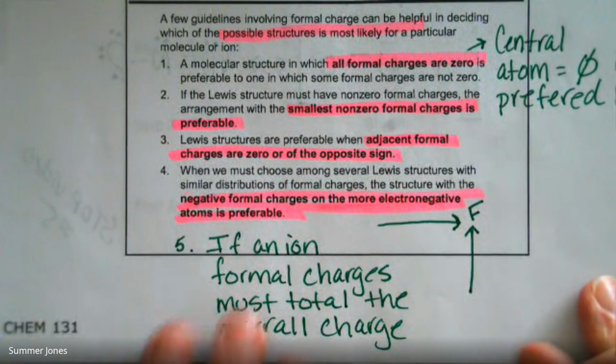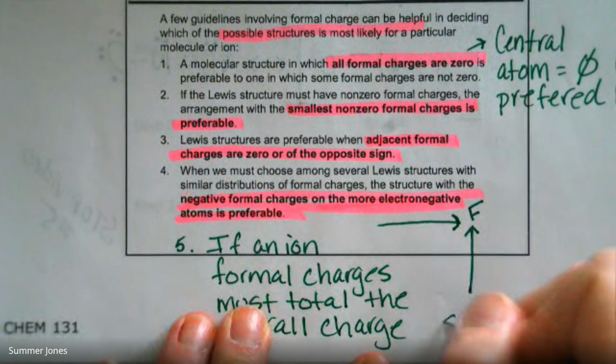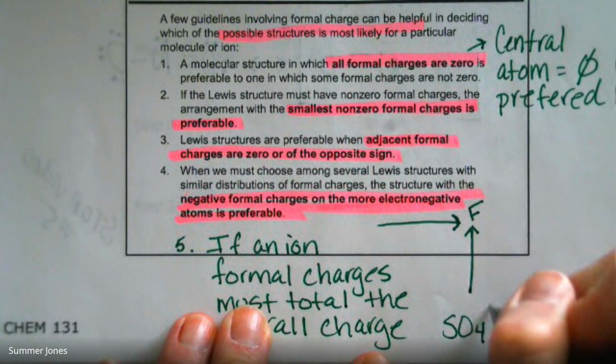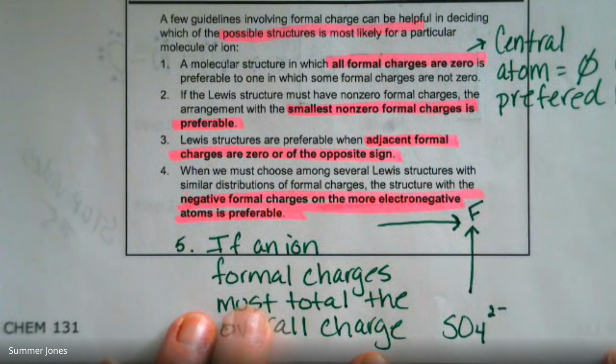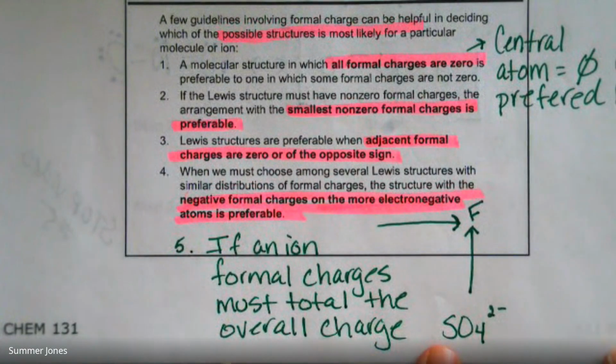Like if you have SO4 with a -2 charge, the formal charge of all your oxygens plus the formal charge of your sulfur must add up to this -2. I know we haven't calculated formal charge yet, so we're going to do that right now.